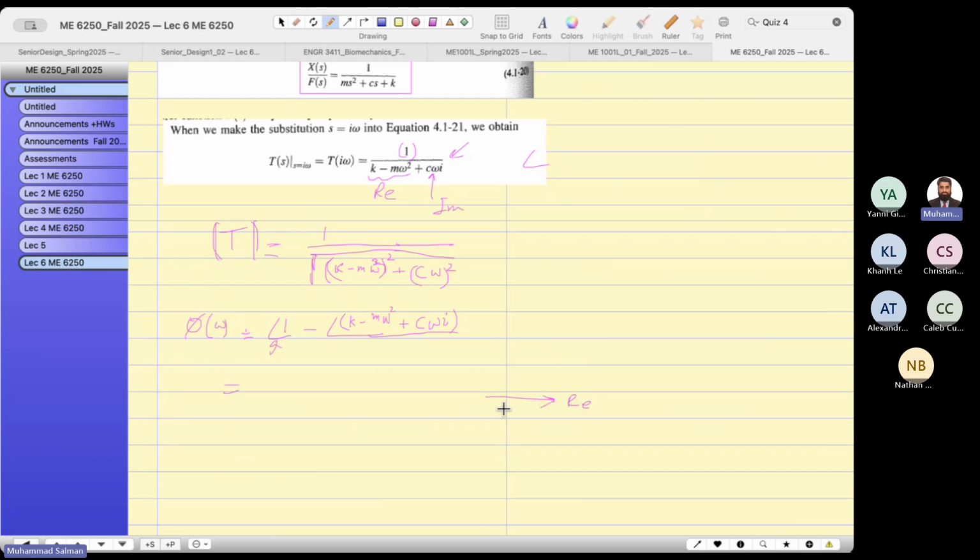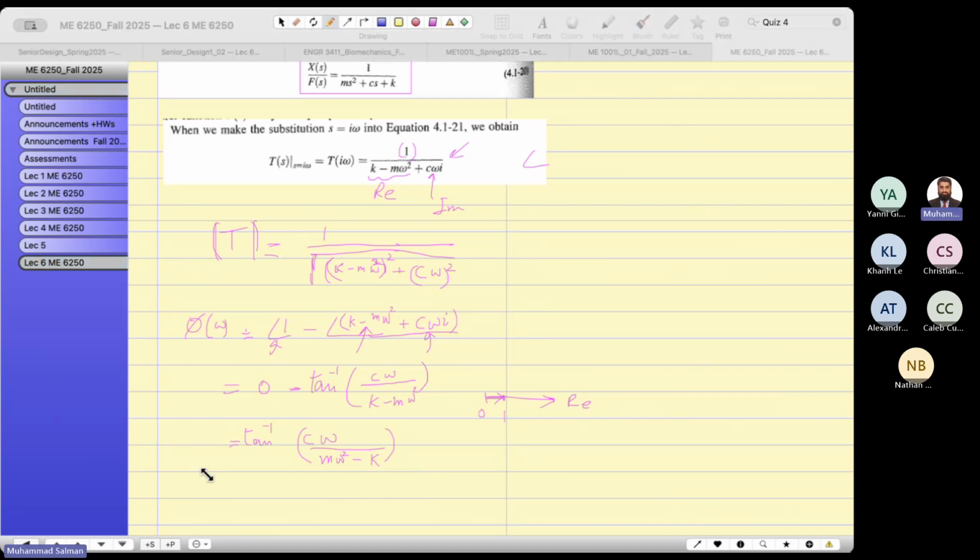Real axis is like over here, and the angle from the origin to this real vector is 0. But here this is the real part, this is the imaginary part, so we have to apply the tangent inverse rule, that imaginary part will be in the numerator, the real part will be in the denominator. Or if you take the negative sign inside, you can write down like this: tangent inverse m omega square minus k.